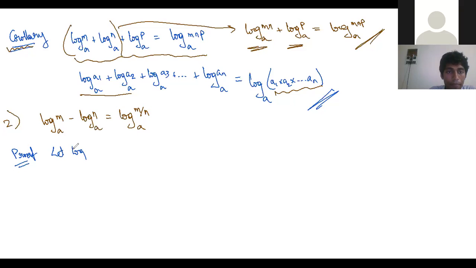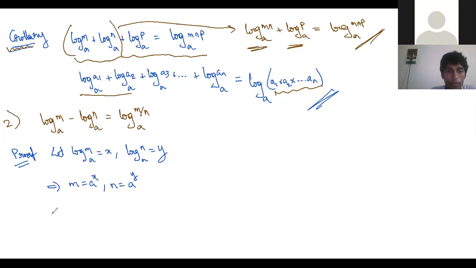Let log m base a be x, and let log n base a be equal to y. Now, m is equal to a power x and n is equal to a power y.